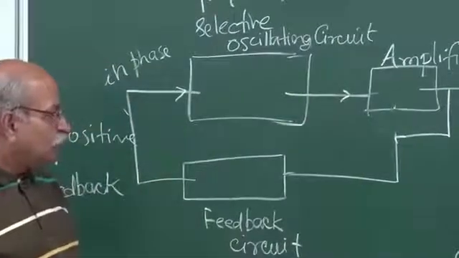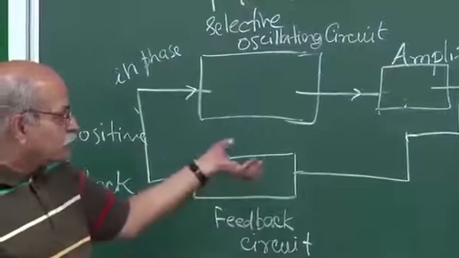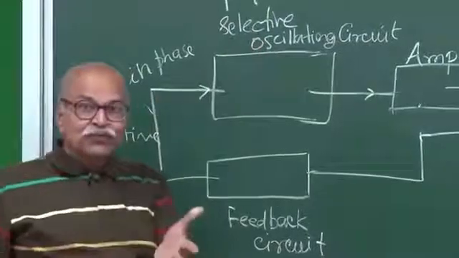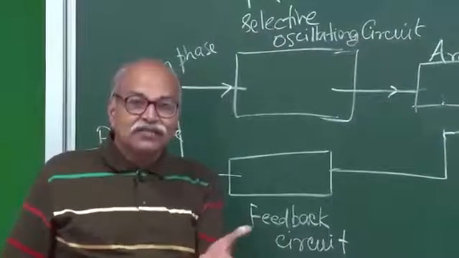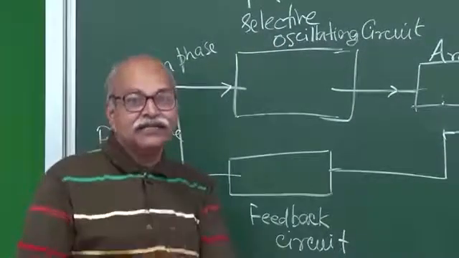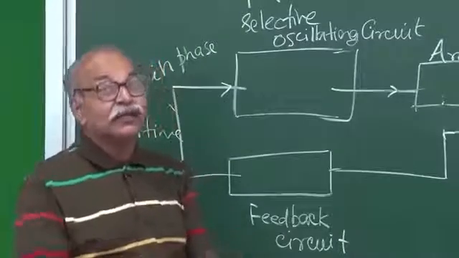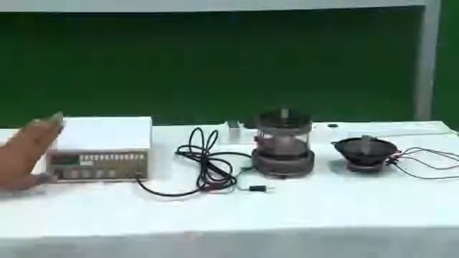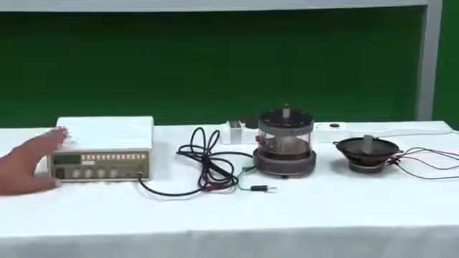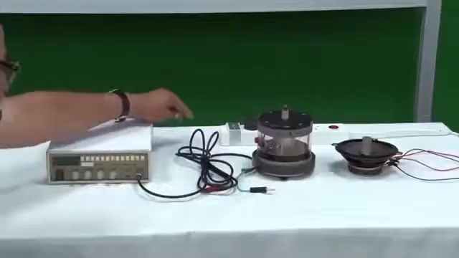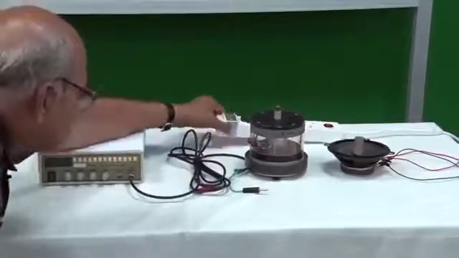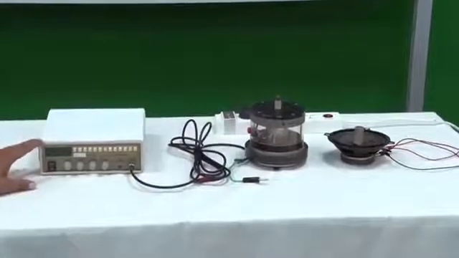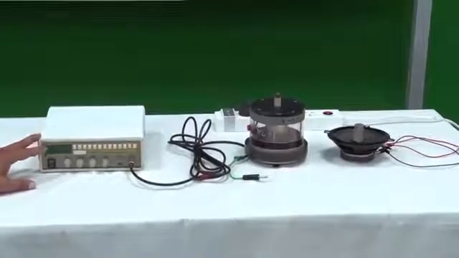So, before going into the circuit that can be used as an oscillator, let me show you an oscillator actually performing on the table. So, let's look at this. This is the oscillator unit, and we are giving it power from this supply. I told you that the function of an oscillator is to convert DC into AC.